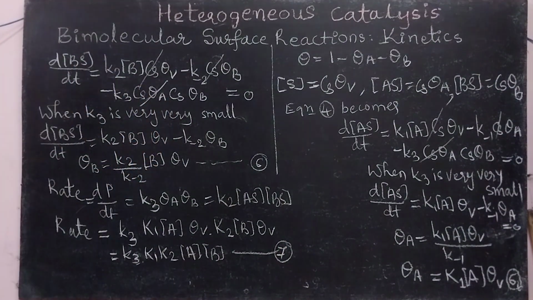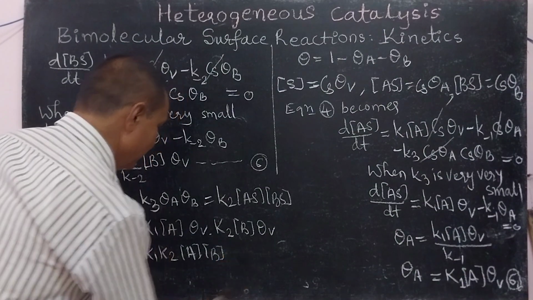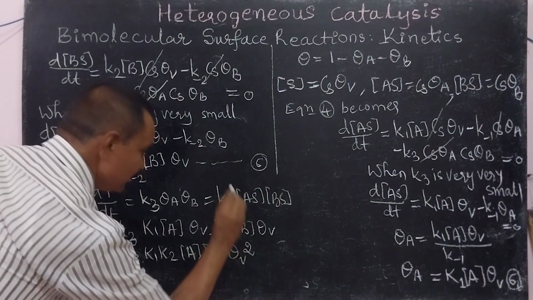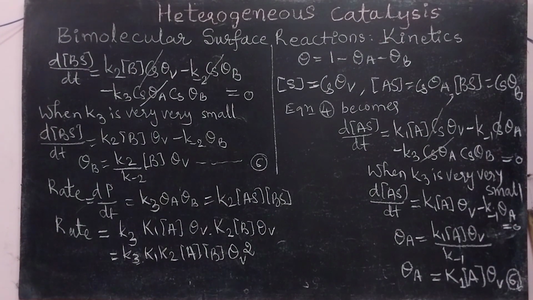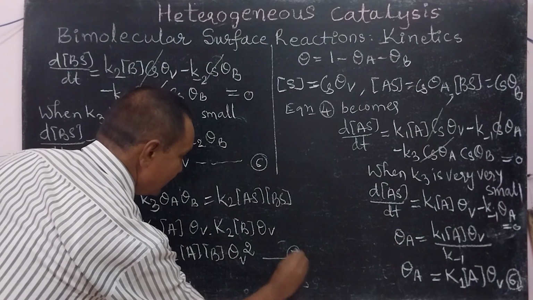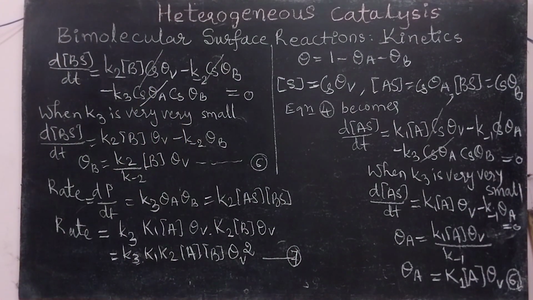Now we want to substitute theta A, theta B and theta phi square. Okay, now let us substitute in equation 7.